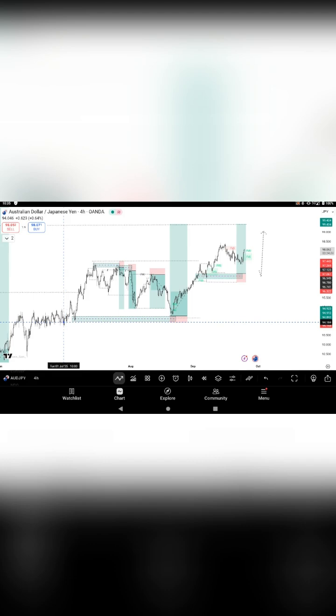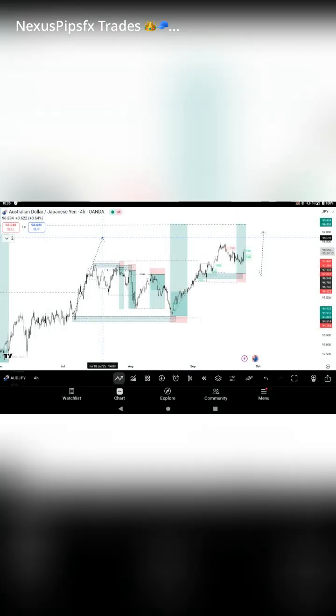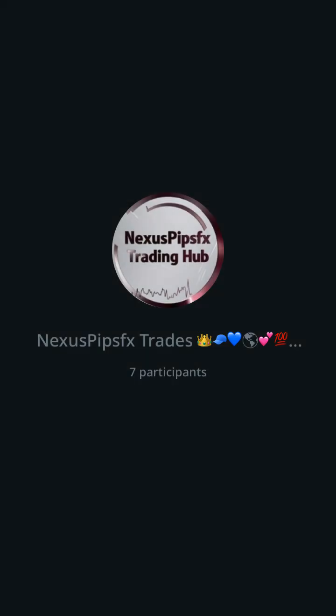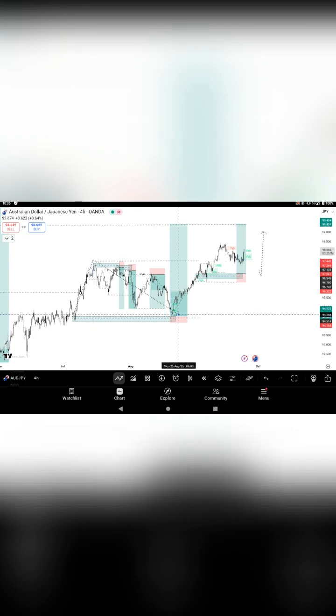Price was down. This is the zone that is unmitigated on the first time frame, and price came there and tapped into it. Okay, you can see this. After price created this high, this is the swing leg.